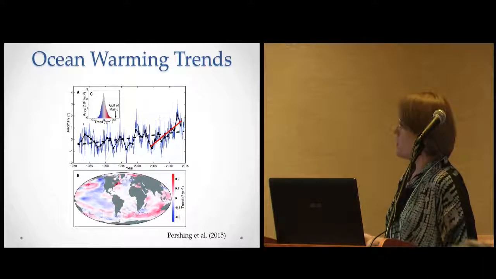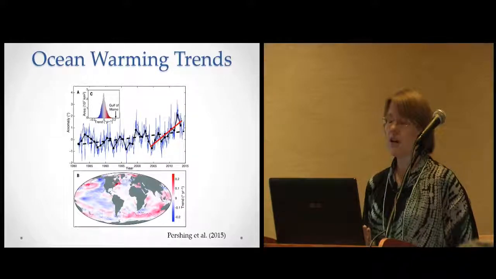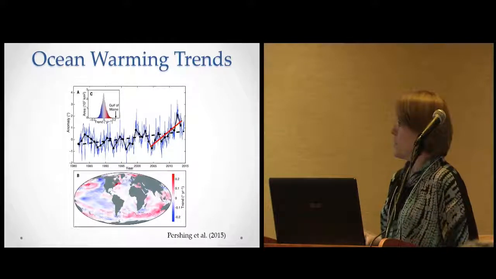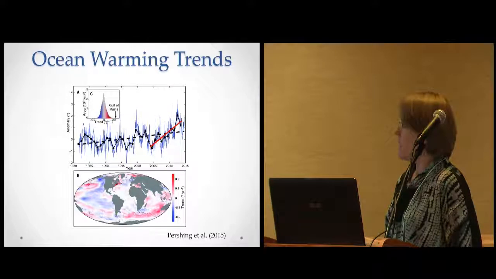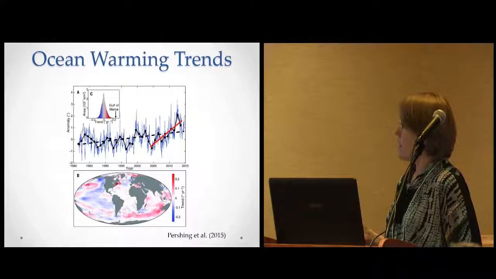So this comes from observations, and this is the trends in the ocean sea surface temperature over about the last 30 years. And so you can see there's really this kind of hotspot of warming in this region off of North America, and then this is just a trend over an average over that area.